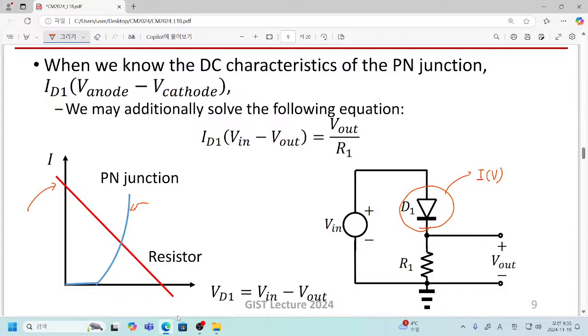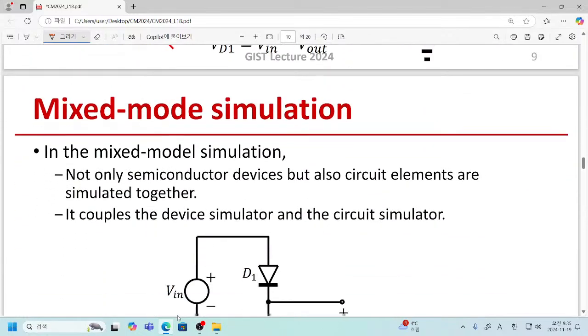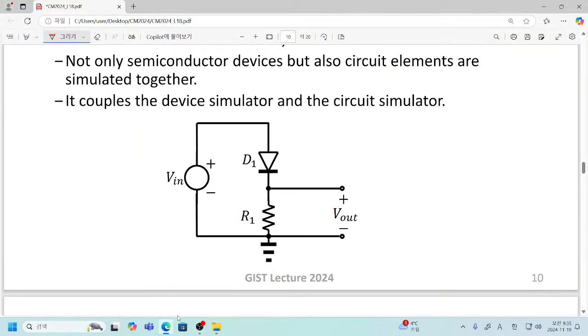Well, anyway, once we get this IV characteristics, calculating the circuit level analysis after that is not that difficult. But in our so-called mixed mode simulation, instead of taking this two-step approach, we want a one-shot approach. So how can you solve this?